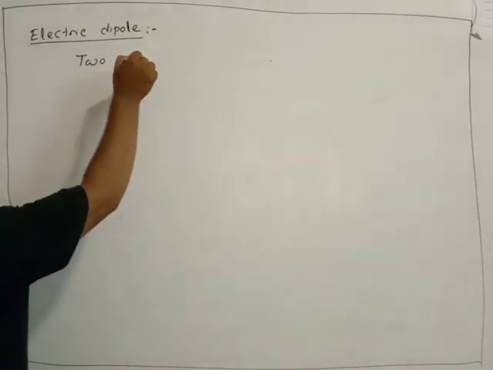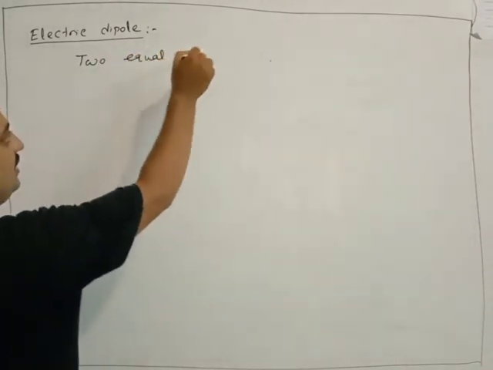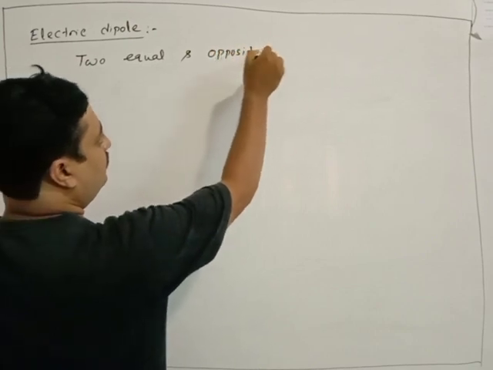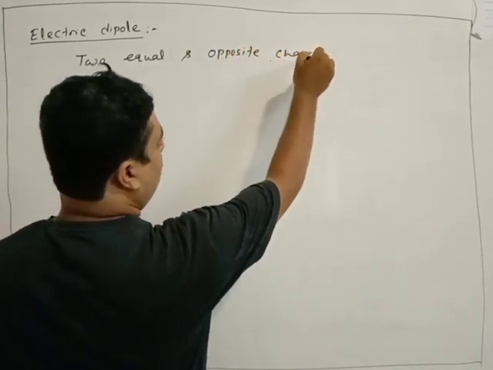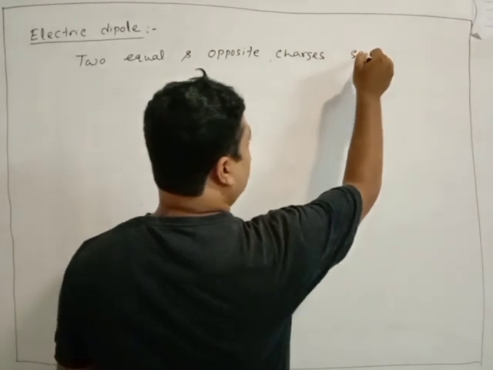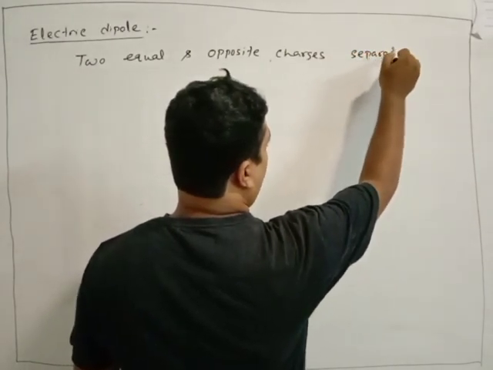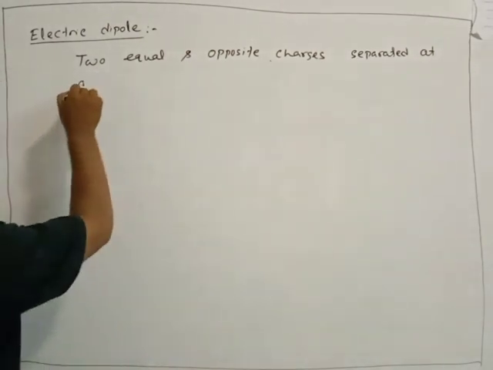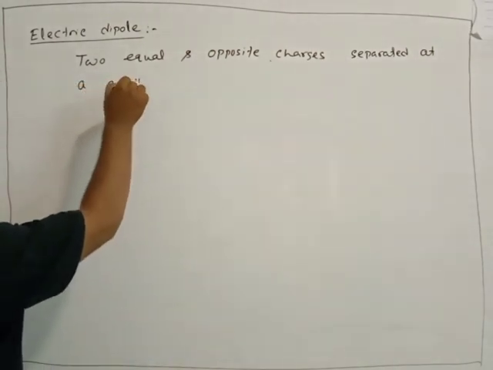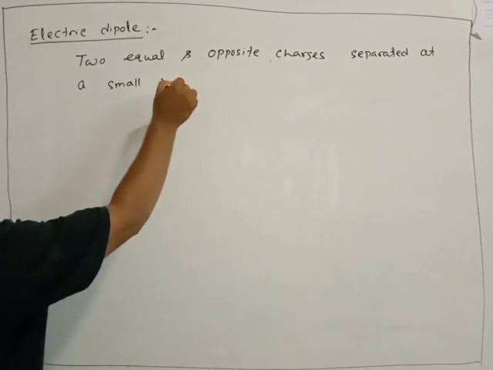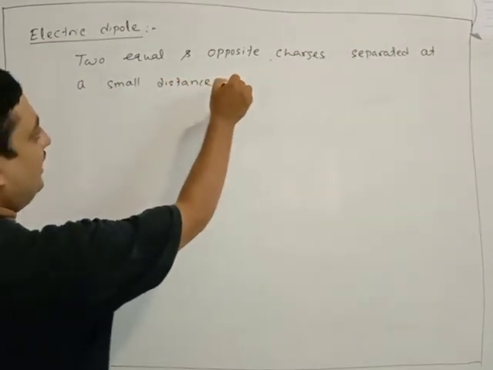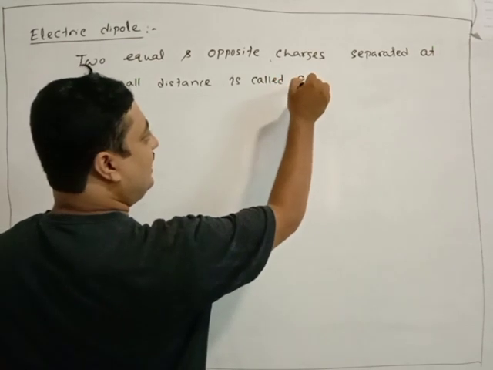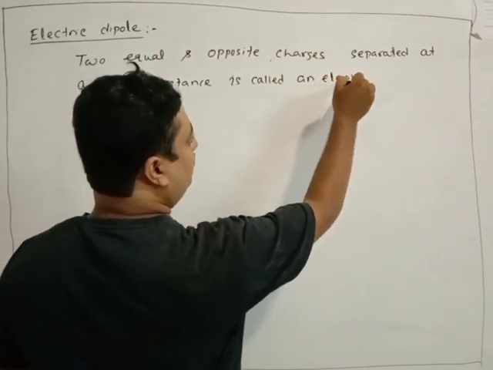Two equal and opposite charges separated at a small distance is called an electric dipole.